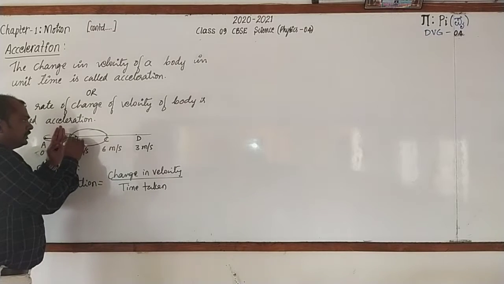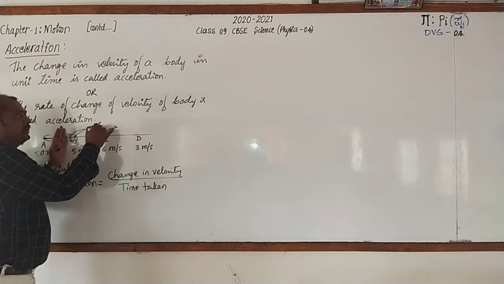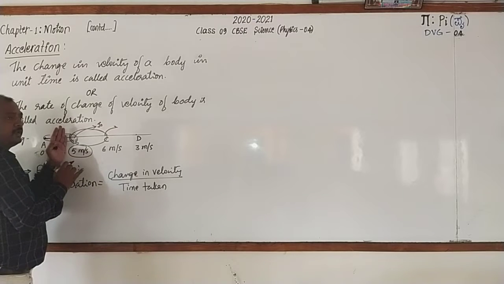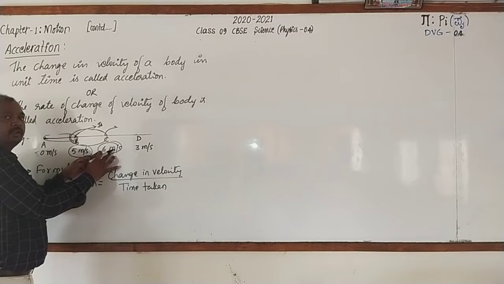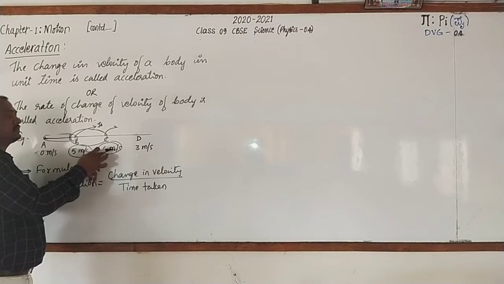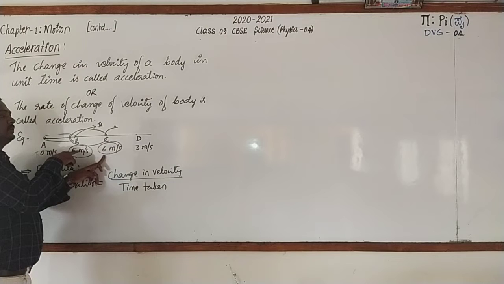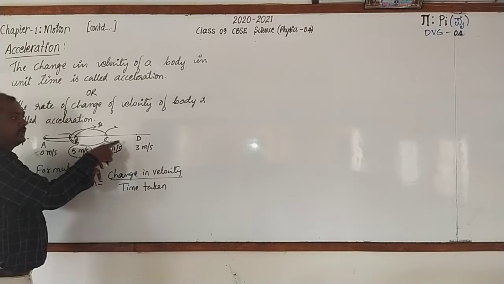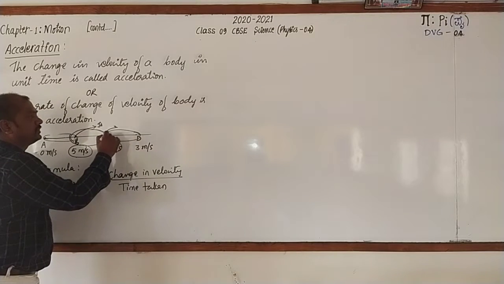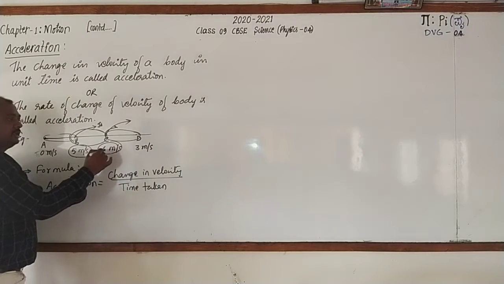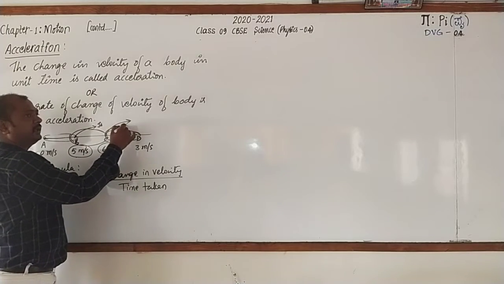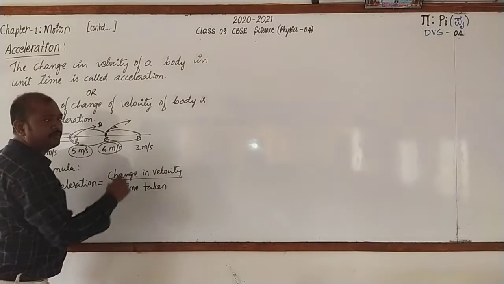When you take only these two positions, at B it is 5 meter per second. It is called initial velocity, and this is final velocity. Change in velocity is final velocity minus initial velocity. Here, when you take these 2 points, at C the speed 6 meter per second will be initial, and this will be final.